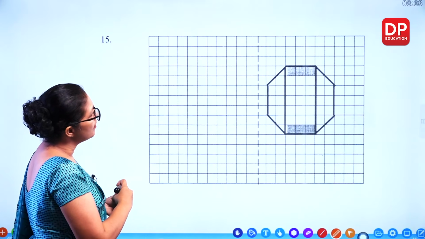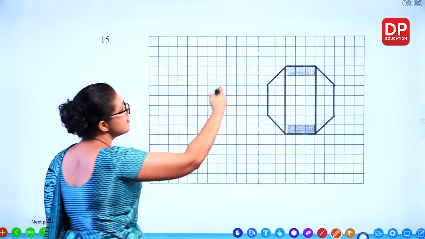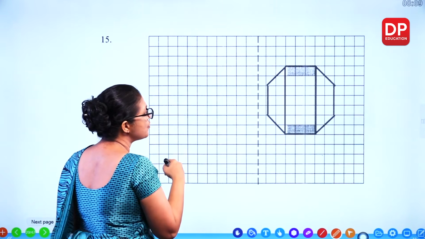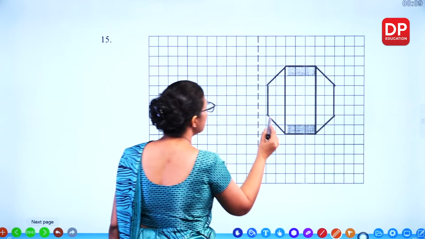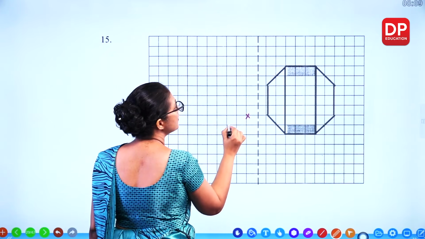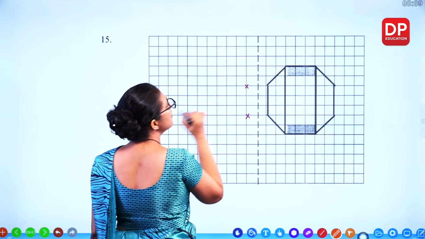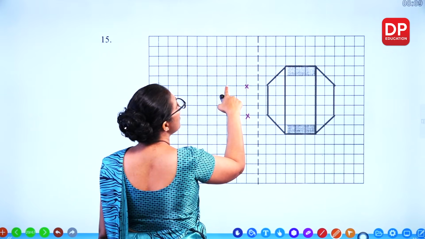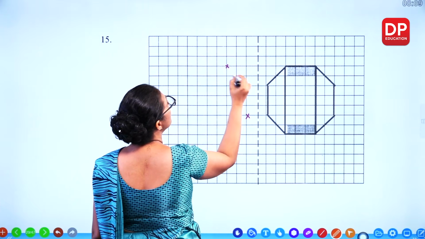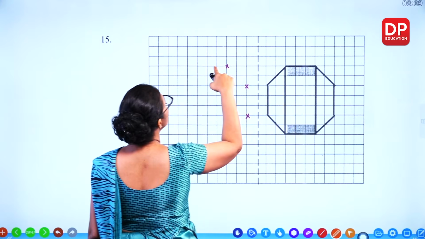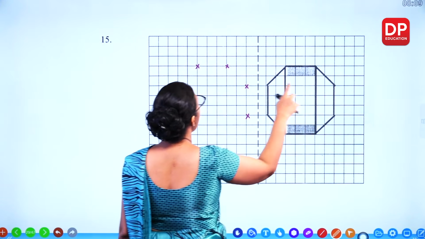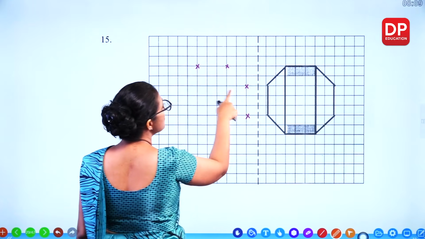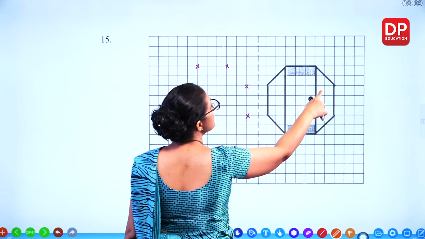Look at this one. How can we draw the same thing? This is the line of symmetry. So we'll first mark the points. Here 1 square here, and here this point, and 2 squares and 2 squares up, and 3 squares to this side, and then how many squares this way? 1, 2, 3, 4, 5, 6, 7.